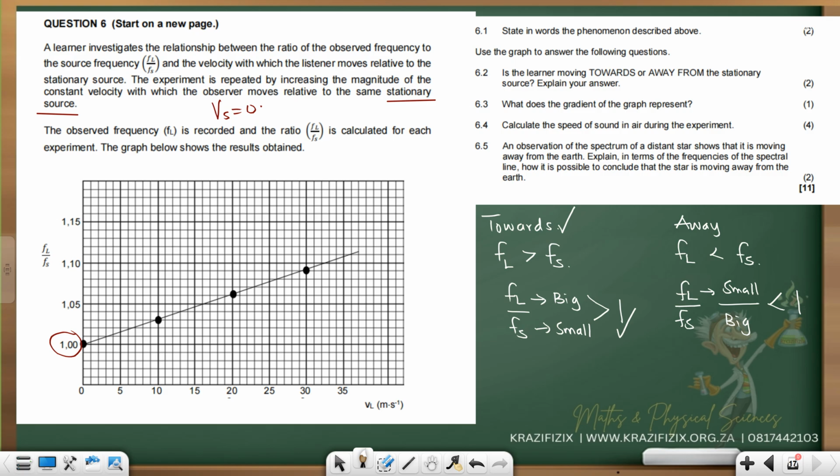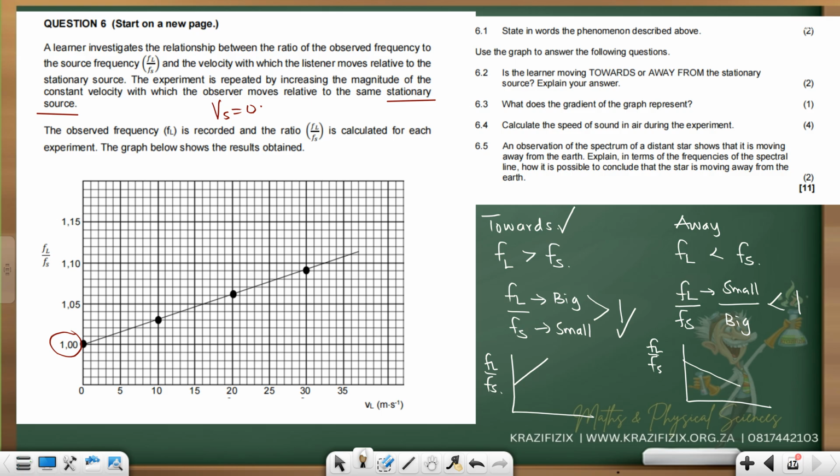Good. So guys, please use that. Is Lena moving towards? Yes, towards. Why? The ratio of FL over FS is greater than 1. How do I know? All my values are above 1. So my graph looks like that. If it was away, my graph would have looked like that.